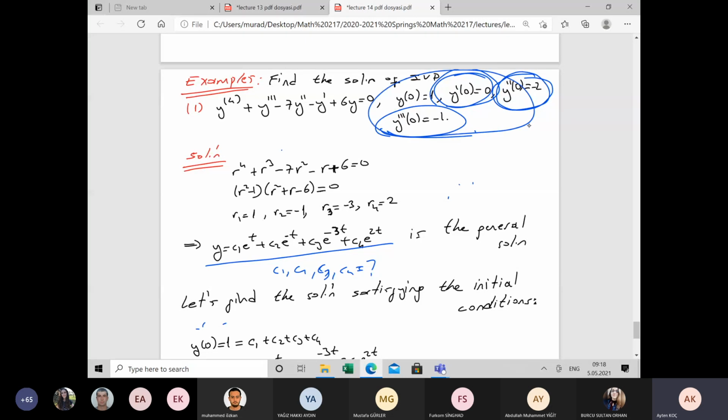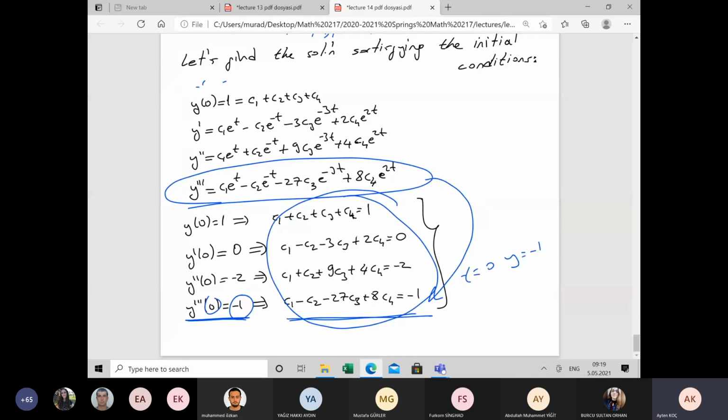This system has 4 equations for 4 unknowns, and you have to solve it. Write the coefficient matrix of C1, C2, C3, C4. Write the augmented matrix and, using elementary row operations, we get the solution.